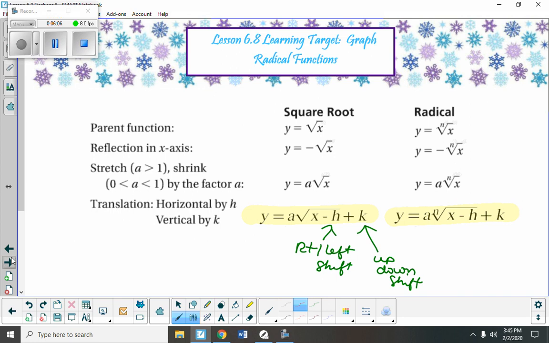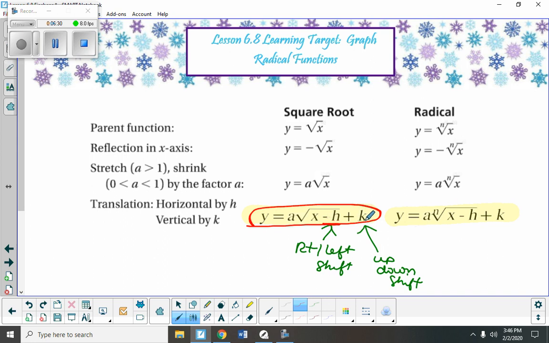So that brings us to the basic way that our root graphs, or our radical graphs, are going to be. The h inside the root is the right-left shift. If this is a negative, it's going to shift to the right, and when it's positive, it shifts to the left. The k, the number at the end, is your up-down shift.